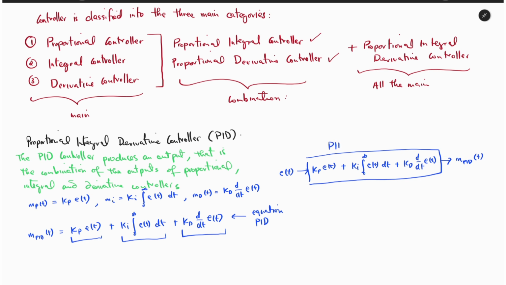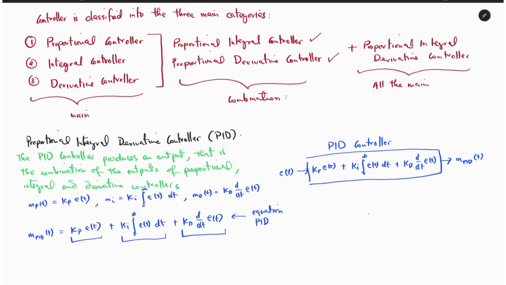So this is our PID controller. The M_PID is the final signal after summation of each of these main controllers in an overall PID controller.